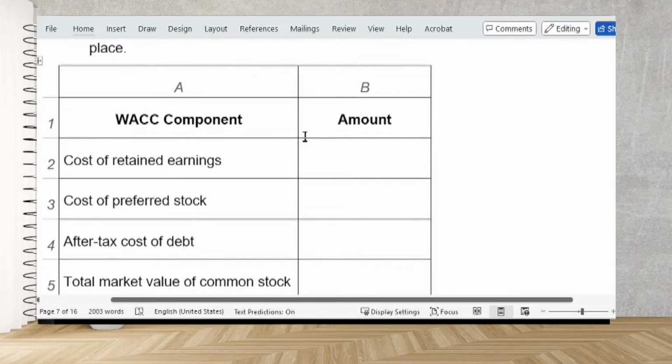Cost of retained earnings is more or less whatever may be the cost of stock. Okay, so for that we can calculate the cost of common stock or the retained earnings on the basis of the dividend growth model.